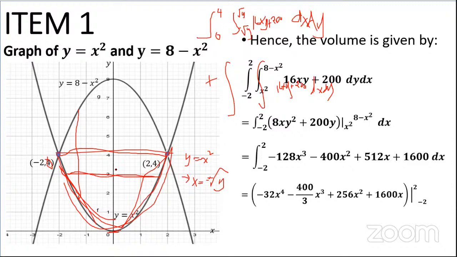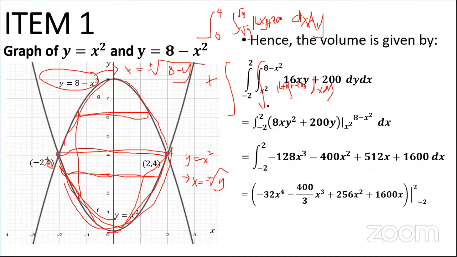Next, let's investigate the upper part. Take note, the rightmost curve and leftmost curve are given by this. Expressing in terms of y, we have x equal to positive or negative square root of 8 minus y. This part is the positive square root of 8 minus y, and this part is the negative square root of 8 minus y.